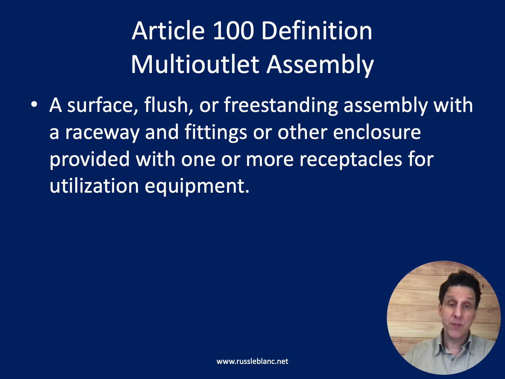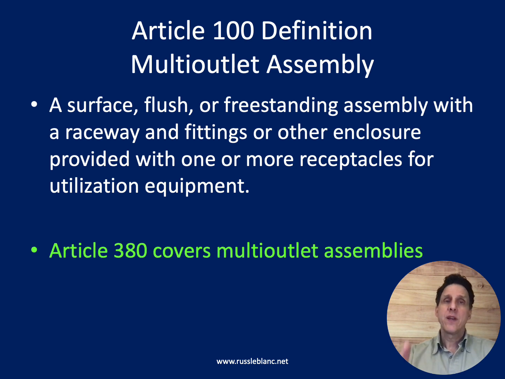Utilization equipment could be appliances, it could be tools, it could be lights. That's all types of utilization equipment. Now, there is an article that covers multi-outlet assemblies. That's Article 380, and there's a whole bunch of rules there about what you can and cannot do with multi-outlet assemblies. We're not covering that today. We're just focusing on these load calculations.